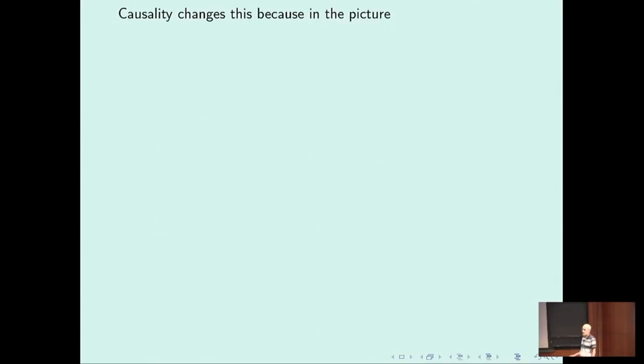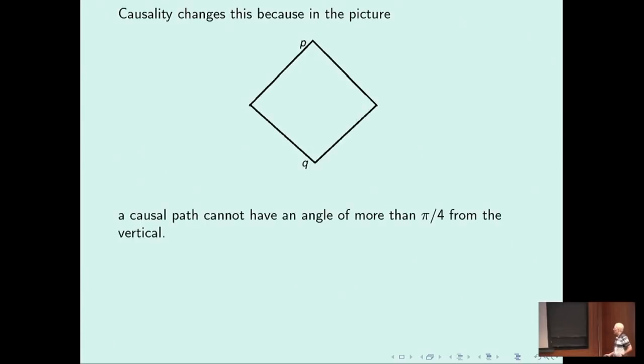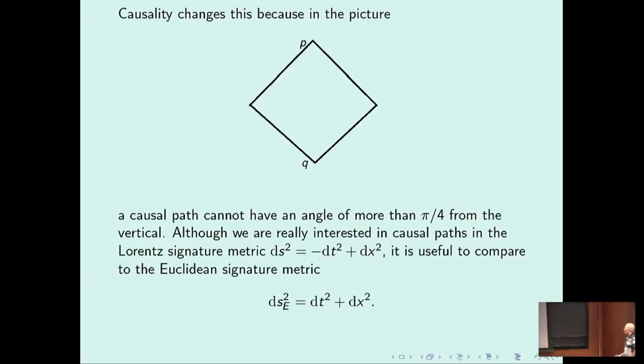But causality changes things, because in this picture, a causal path can't have an angle of more than π/4 from the vertical. Now, we're really interested in causal paths in the Lorentz signature metric, but it's convenient to introduce the Euclidean signature metric with plus signs. And let's ask what a causal path looks like in the Euclidean signature metric.